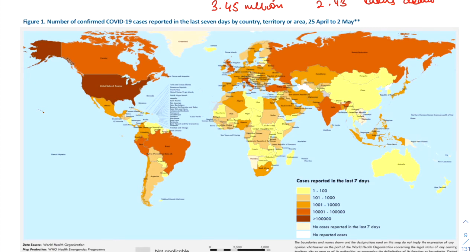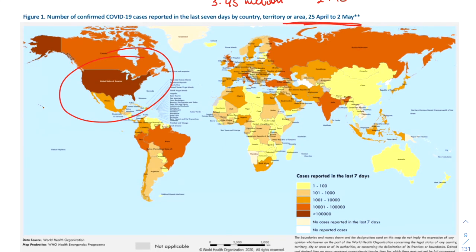There was a maximum increase, that is more than 1 lakh cases increase in the last 7 days in USA, closely followed by the European nations like Spain and Italy, as per the report given by WHO, that is in the last 7 days from 25th April to 2nd May.